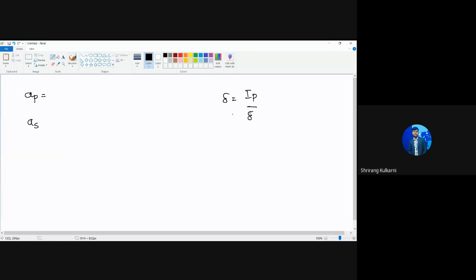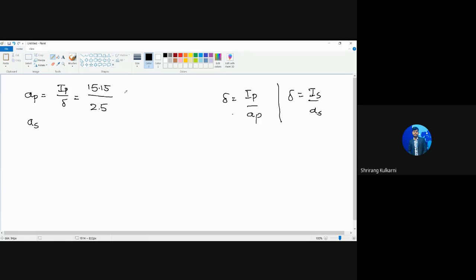This is the formula. In case of secondary, delta is equal to IS by AS. Then calculate AP here. AP is nothing but IP by delta. IP you have just calculated, 15.15. Delta is how much given? 2.5 is given. So directly you can calculate the answer.